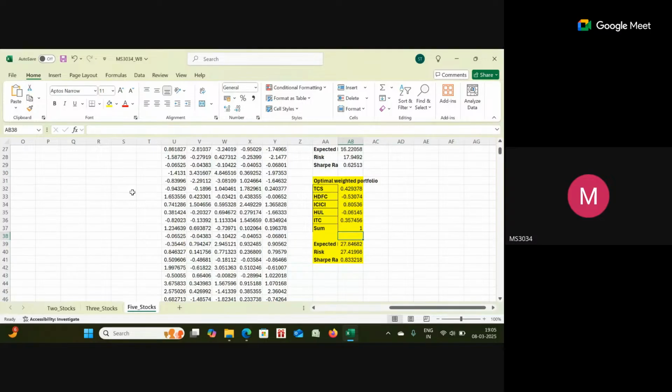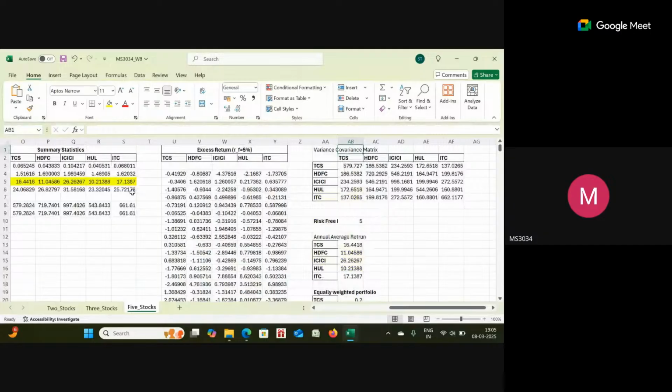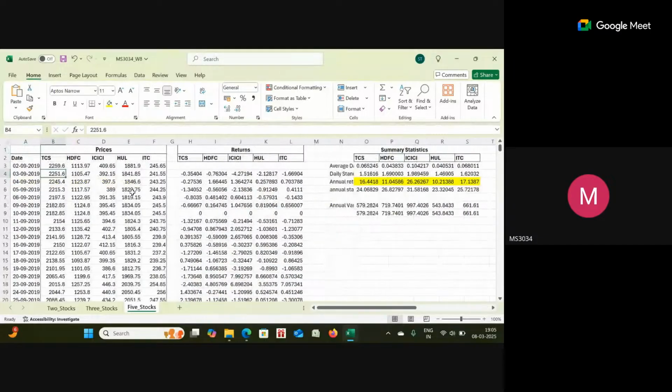Essentially, we simply maximize the Sharpe ratio given the expected return and risk. The yellow colored cells are the optimal weights for these five different shares. So later I will give you a brief overview of how you can solve for optimal risky portfolios in Excel.